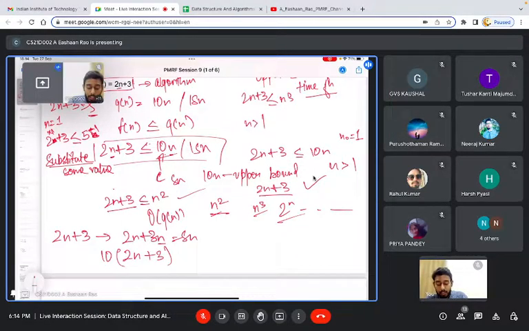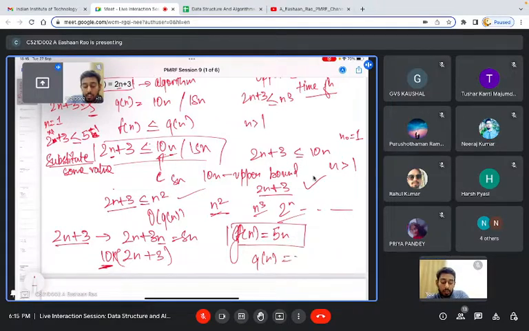If you multiply with a constant, obviously that will be much more than that. So for this f of n, the nearest one we can say for now is 5n. Sorry, g of n will be 5n.